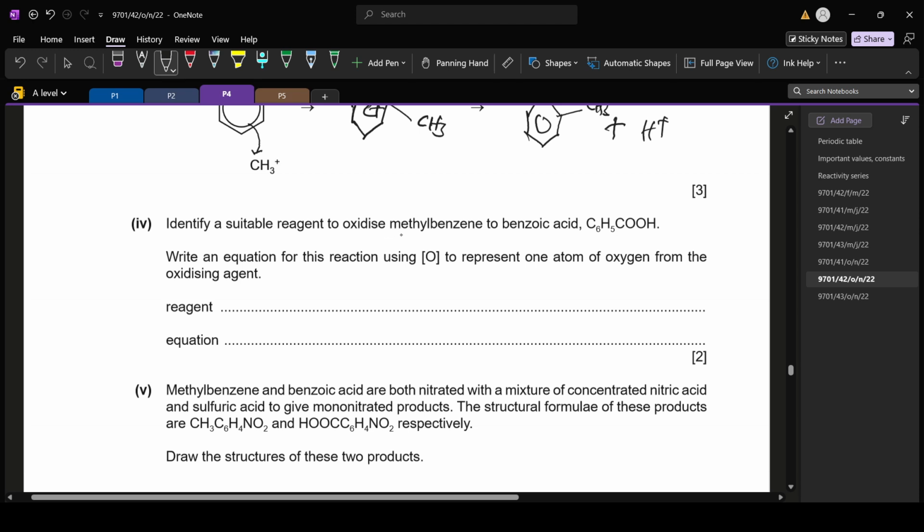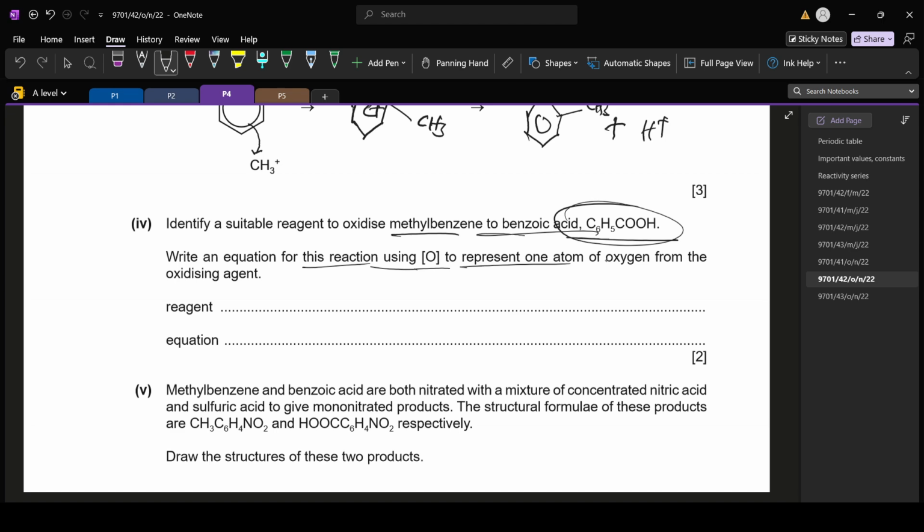Identify a suitable reagent to oxidize methyl benzene to benzoic acid. Okay, so the conditions are alkaline KMnO4. Write an equation for this reaction using O to represent one atom of oxygen from the oxidizing agent. So the reagent is actually hot alkaline KMnO4, or you can say potassium manganate 7.